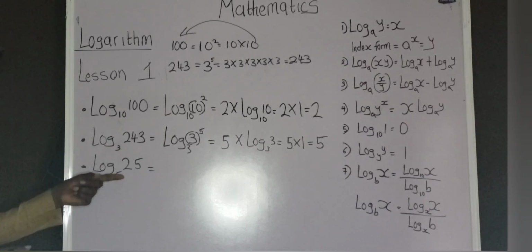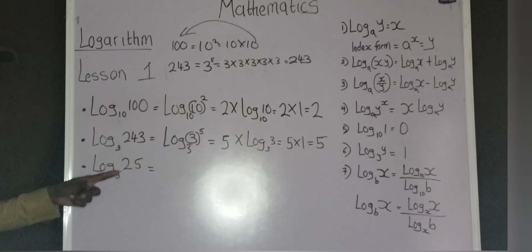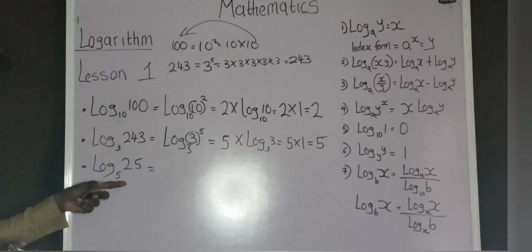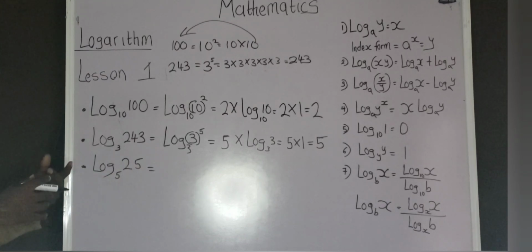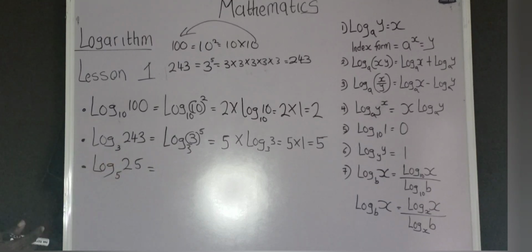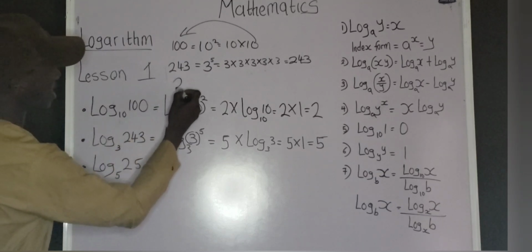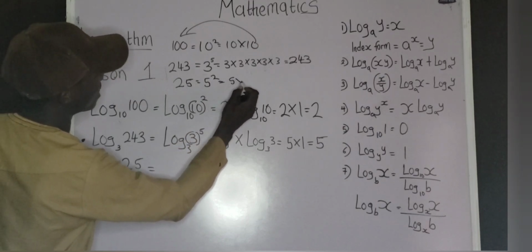We are just going to express 25 with respect to our base. Our base is what? 5. So I'm going to express 25 as an exponent of 5. 25 can be written as 5 raised to the power of 2, which is 5 times 5.